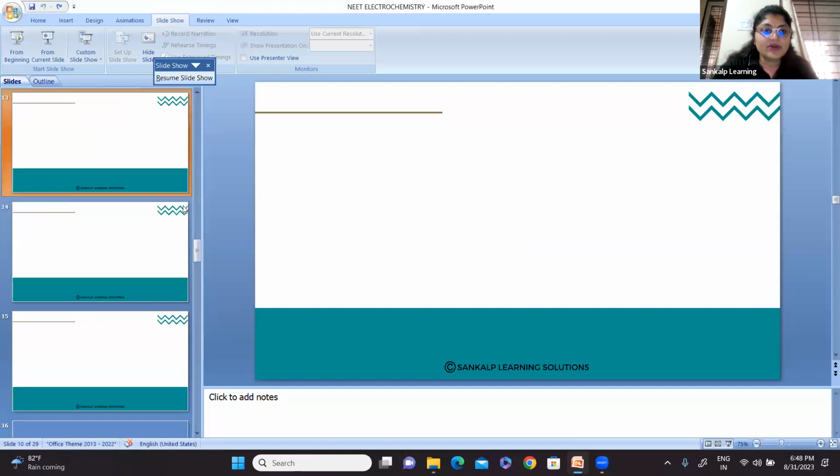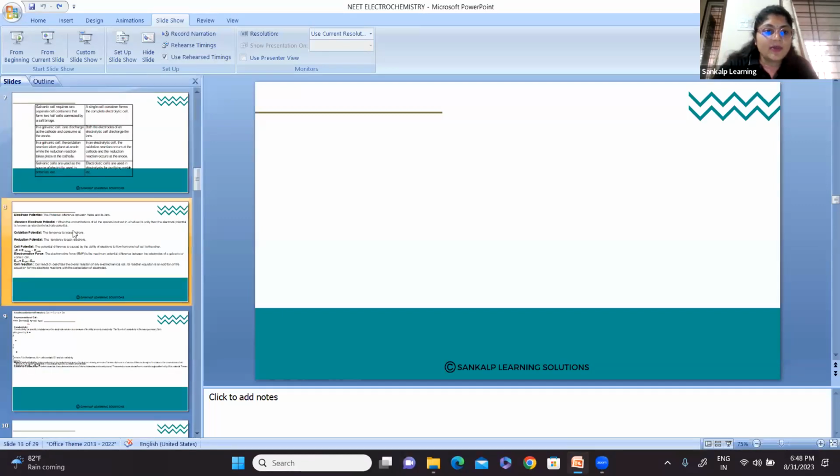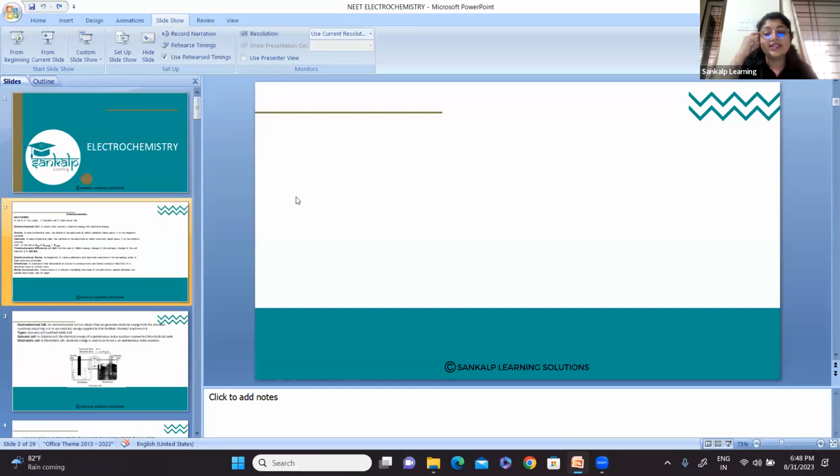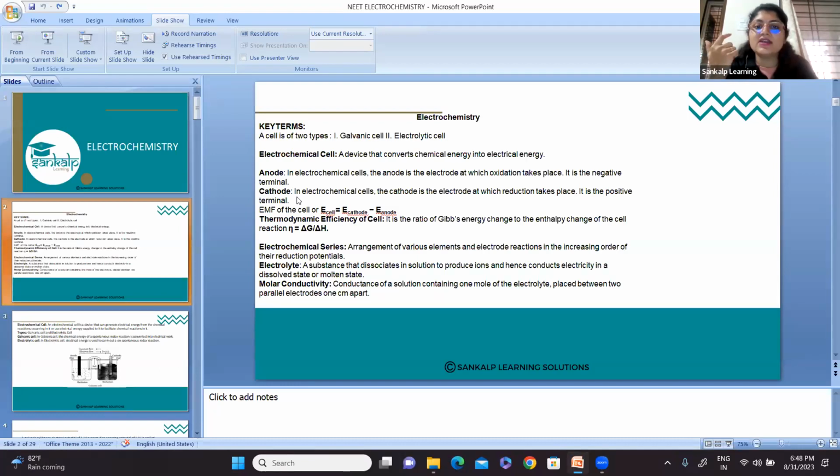So these were some of the important points which we have discussed today. In the next class, we will be learning about the remaining points. Is it clear whatever has been taught today about the galvanic cell? These are some of the important key terms we discussed about electrochemical cells. What is galvanic cell? What is electrolytic cell?